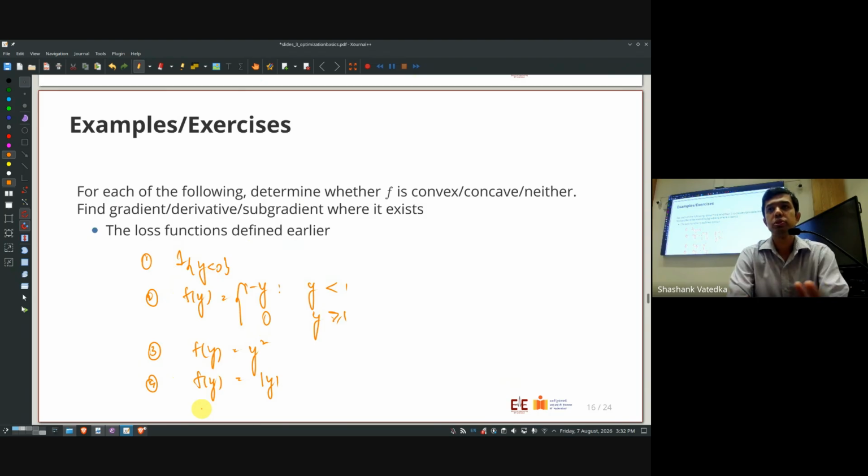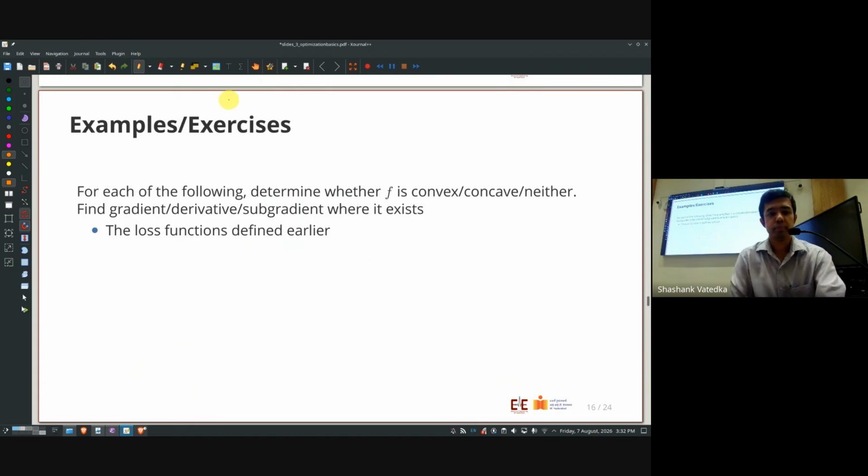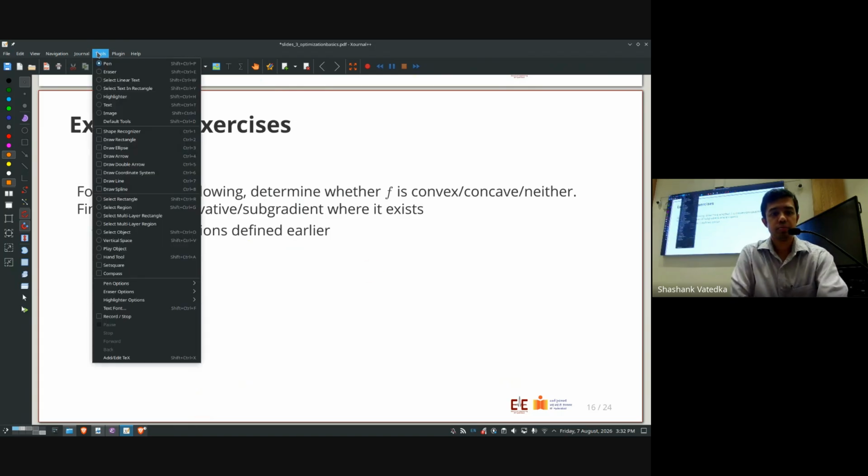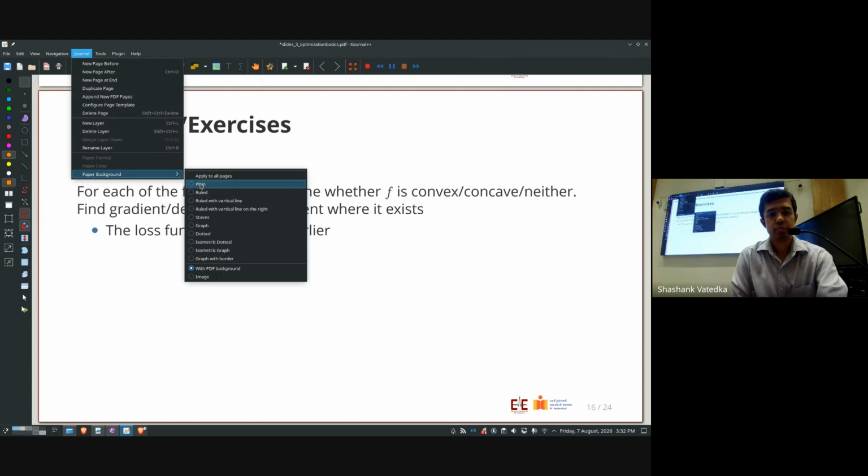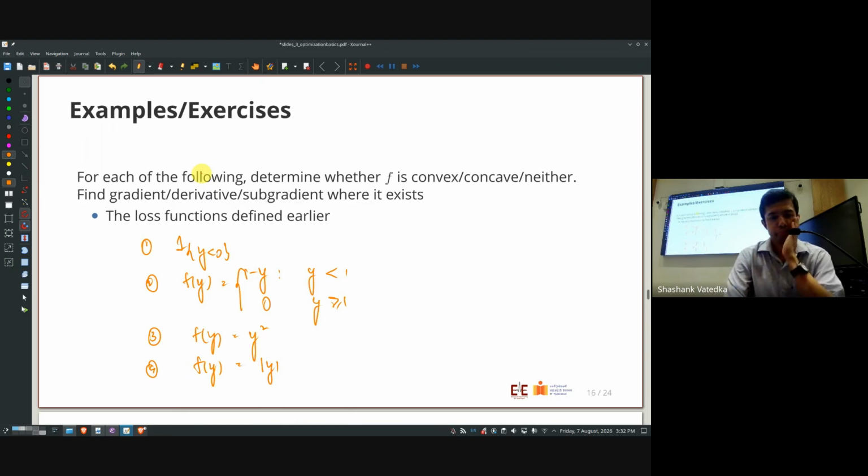So out of these, which are convex and which are non-convex? What about the first one? Is that convex? It's not convex.